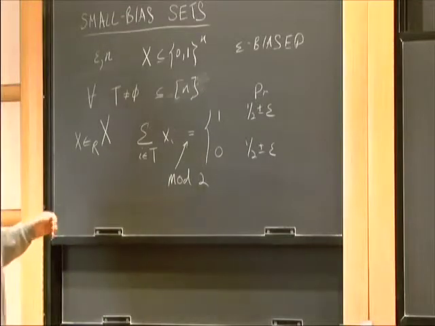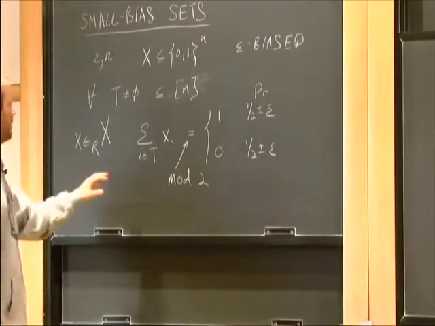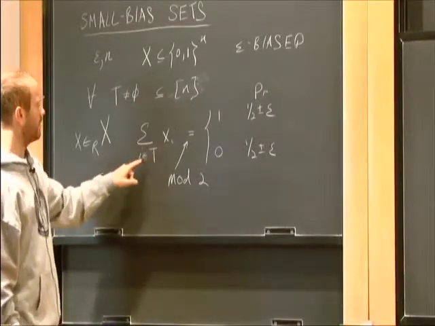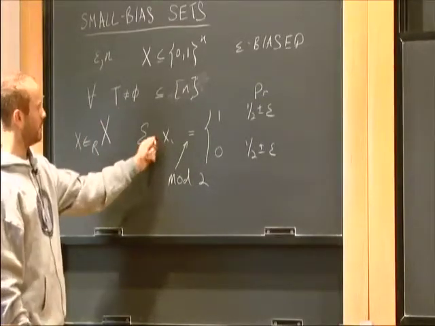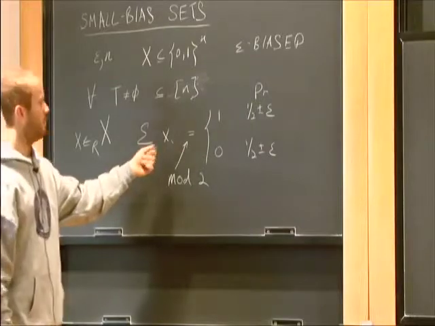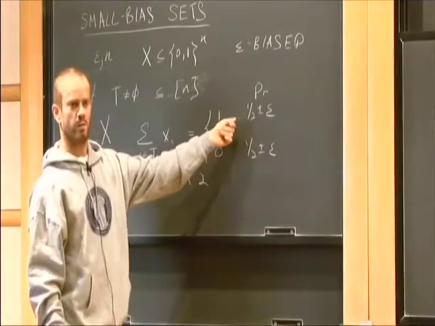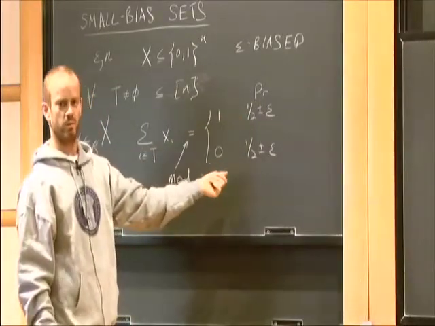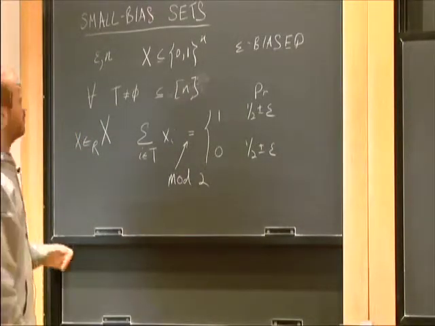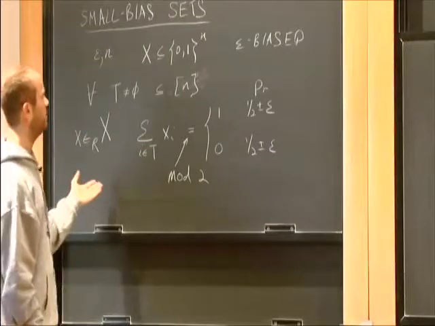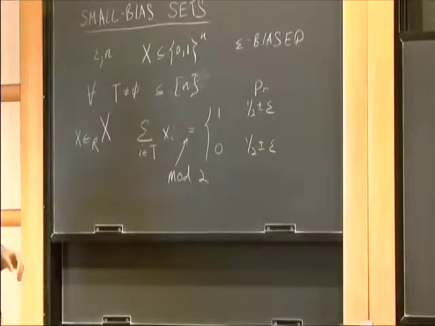We take the XOR of the bits in the set T, which is non-empty, and this random variable is equal to 1 with probability roughly 1/2 and 0 with probability roughly 1/2. And so this is a definition of an epsilon-biased set.